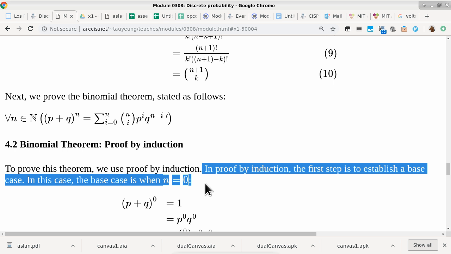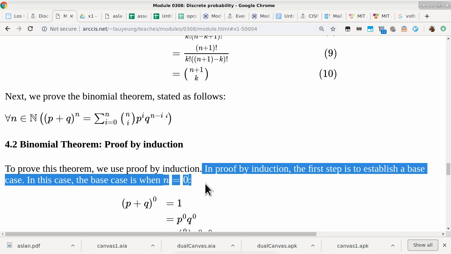So we choose n to be 0 in this case. So now the question is, can we prove this theorem but only when n equals 0. That very specific case. Okay? So now we say, well, let's try it. So we are now looking at p plus q to the power of n, but n equals 0. So we are now looking at p plus q to the power of 0.